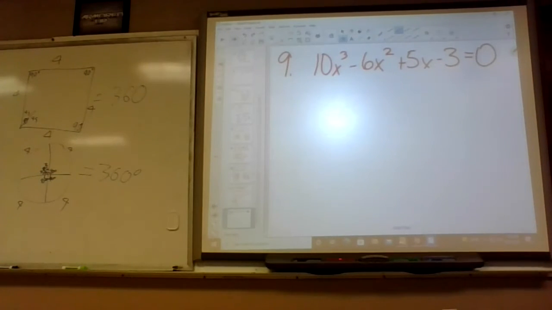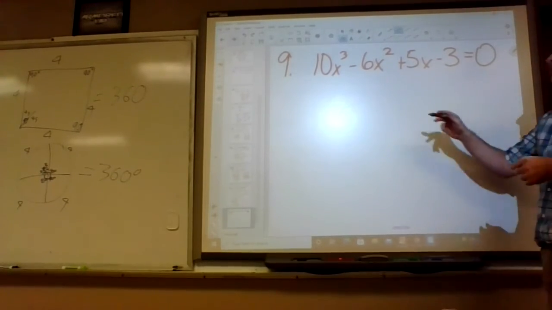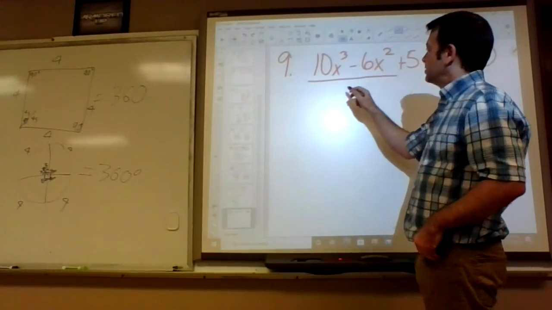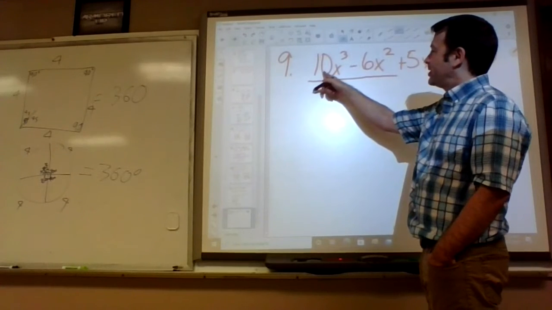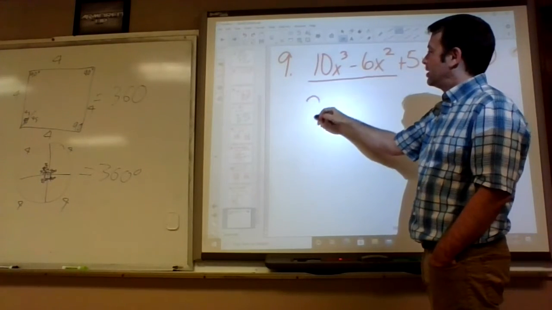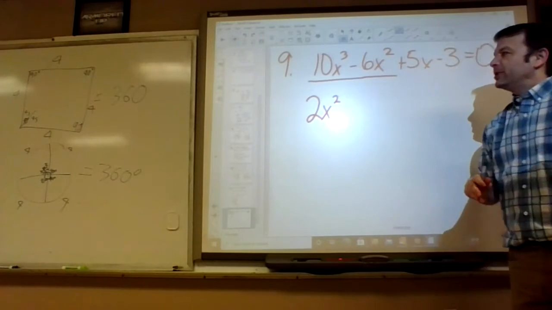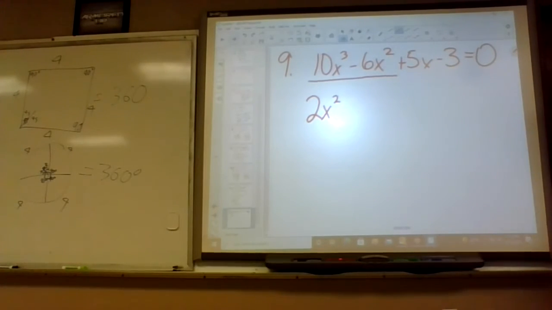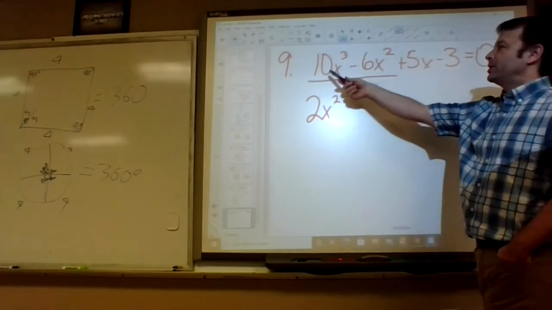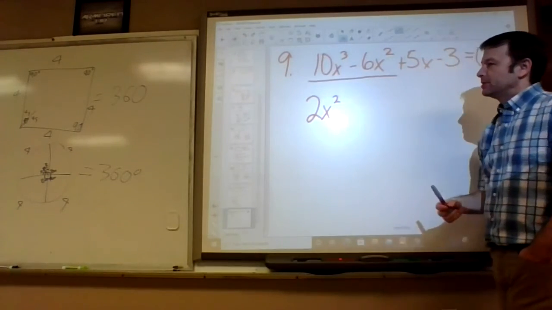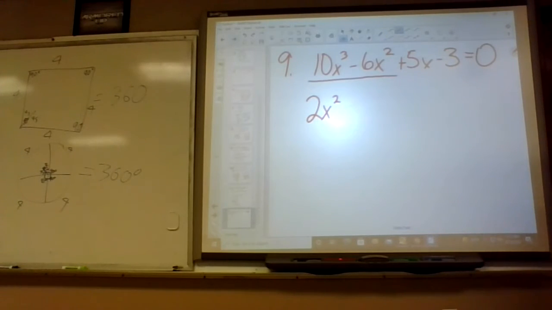Okay, what do we do first? Take out 2x squared, just a positive 2. Why not negative? Well, technically you could, but it'll make the problem messier. If this term is positive, you probably won't take out a negative.